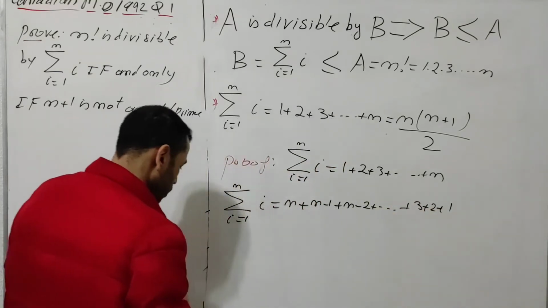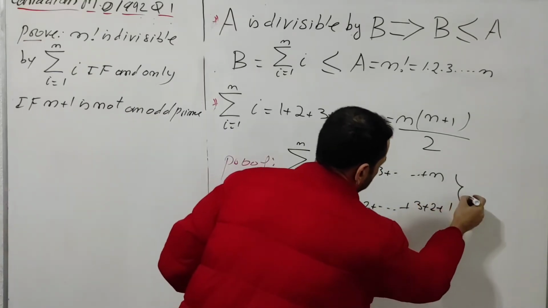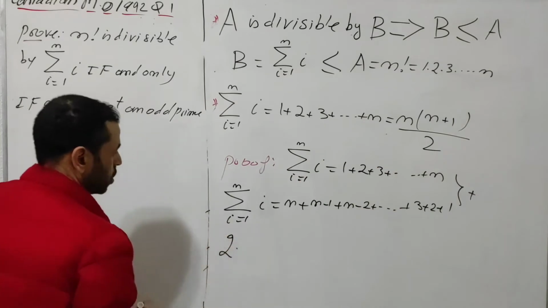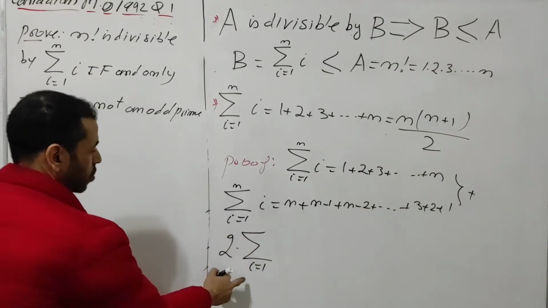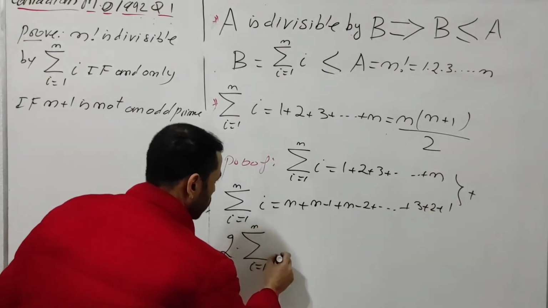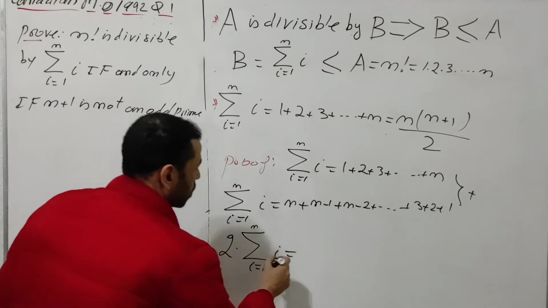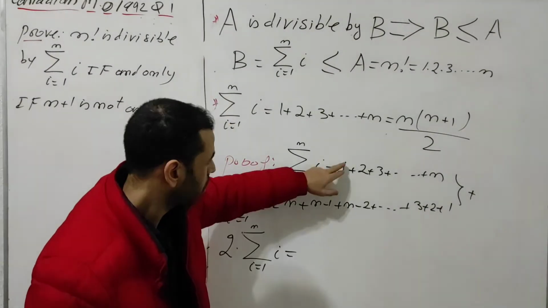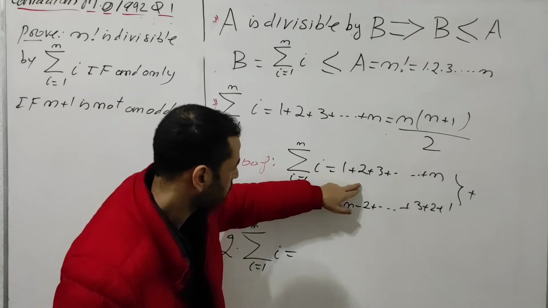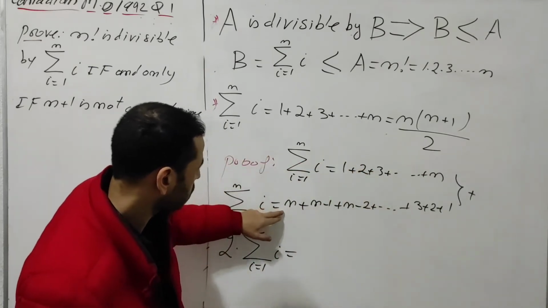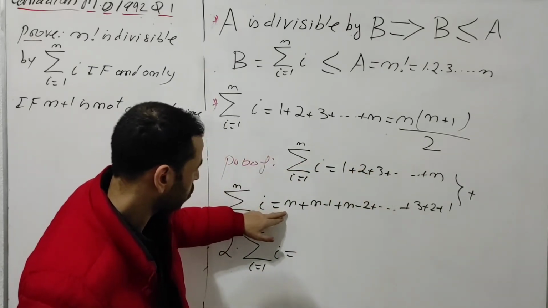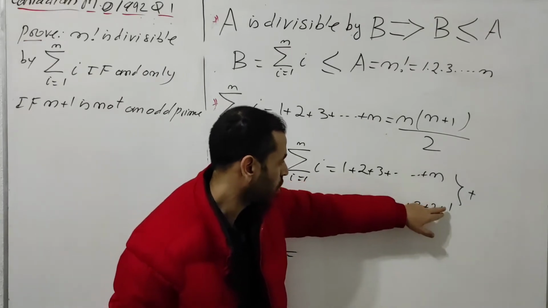Adding these, I will get 2 times the sum of i from 1 to n. The technique here is to pair the first term in the first expression with the last term in the second expression, and so on until the last term.